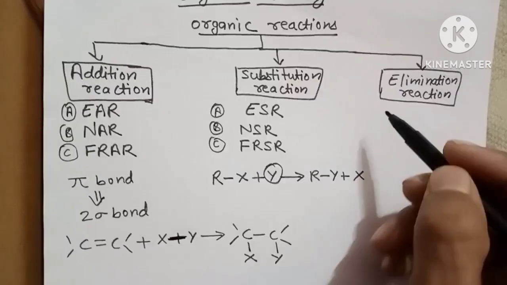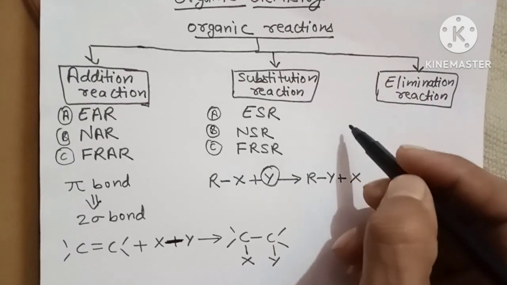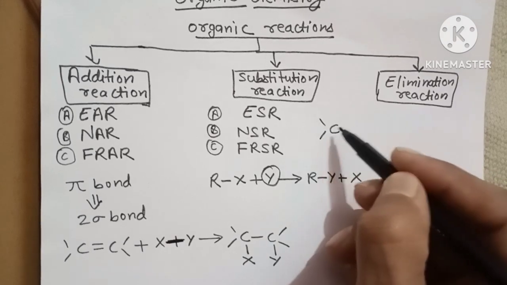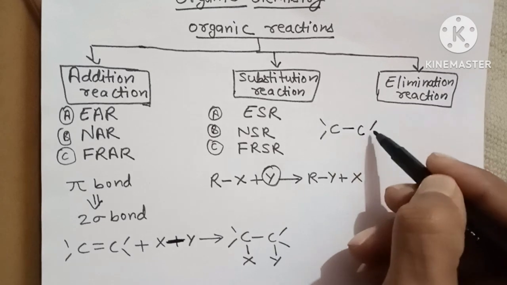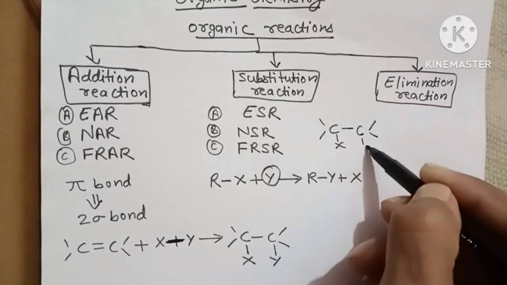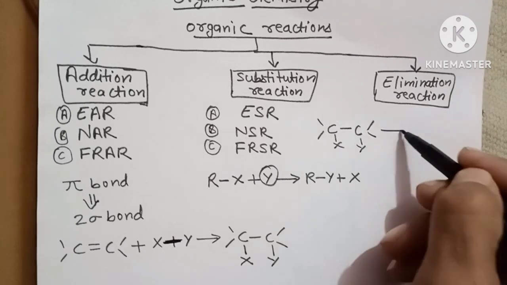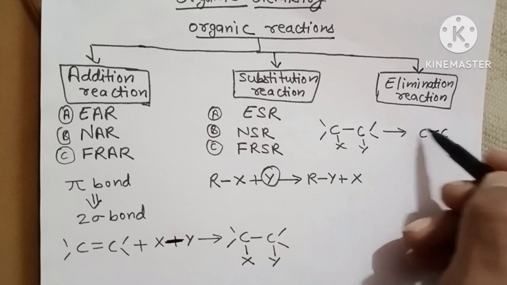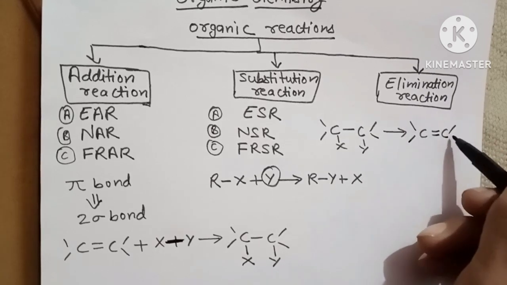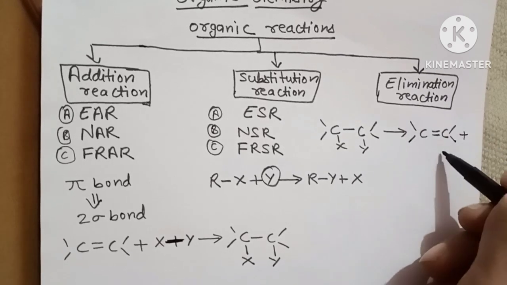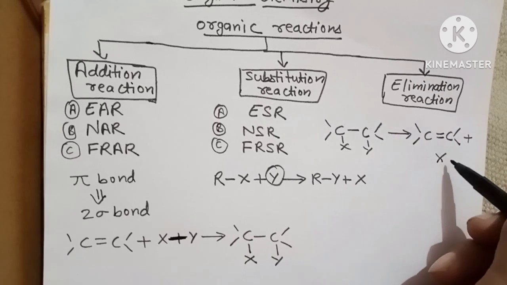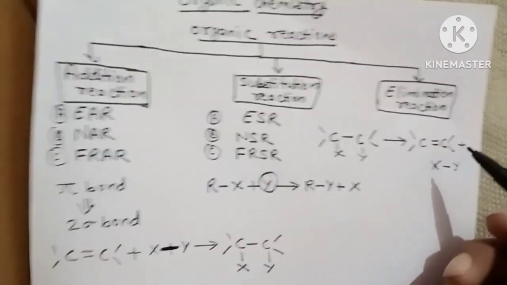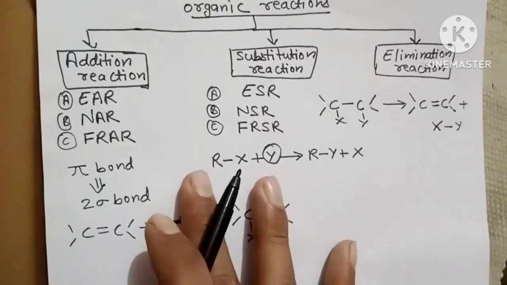So we have seen this, and what happens in the elimination reaction? Let's talk about what the case will be here. Simply, this is where it is X and this is Y, and now the sigma bonds break and it is converted into a double bond, and this is the final product which I have obtained here.